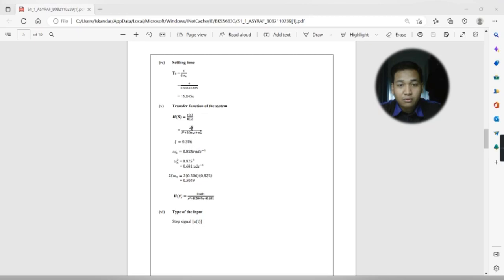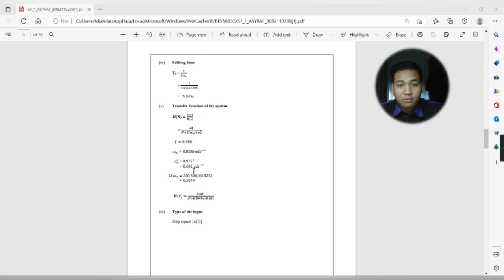As we know, the damping ratio from earlier is 0.306 and the natural frequency is 0.825 radian per second. For omega n squared, we just square the natural frequency, so we get 0.681. For the last component, 2 times damping ratio times natural frequency, we substitute the values and get 0.5049.